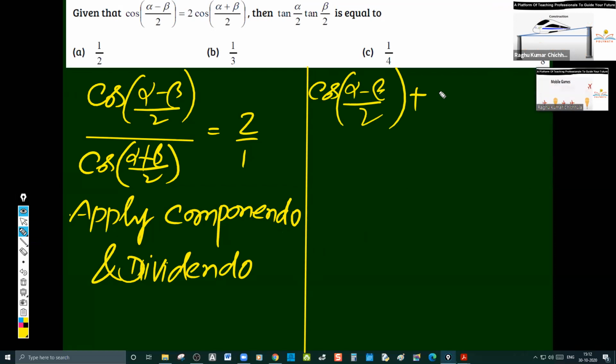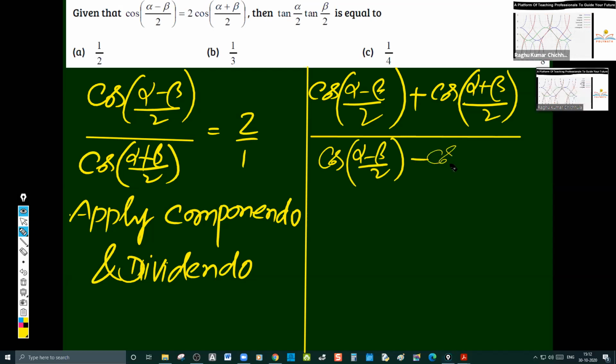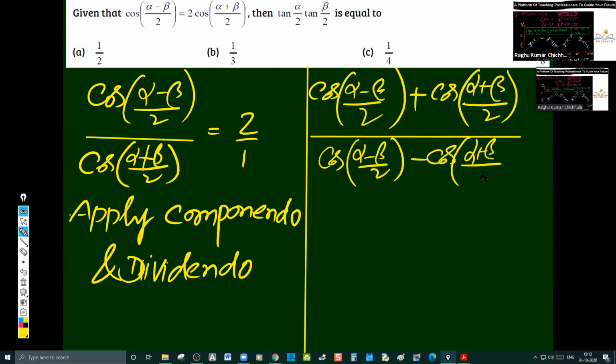It takes the form of cos of A plus B plus cos of A minus B. And the denominator becomes cos of (alpha minus beta) by 2 minus cos of (alpha plus beta) by 2. That is done once for all.